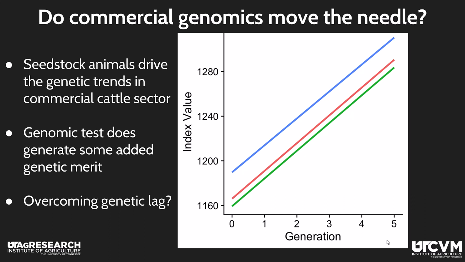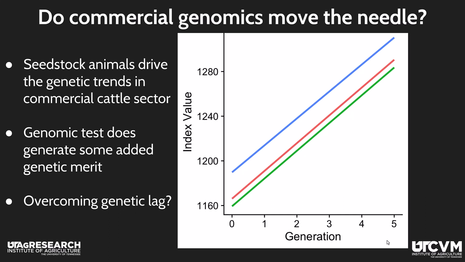The red line is a commercial herd that genomically tests their commercial females. And the blue line is the seedstock population from which those two different commercial herds are pulling their genetics in. As we measure genetic progress over time, which would be the slope of that line, the more vertical the line is, the more genetic progress we're making over a fixed amount of time.